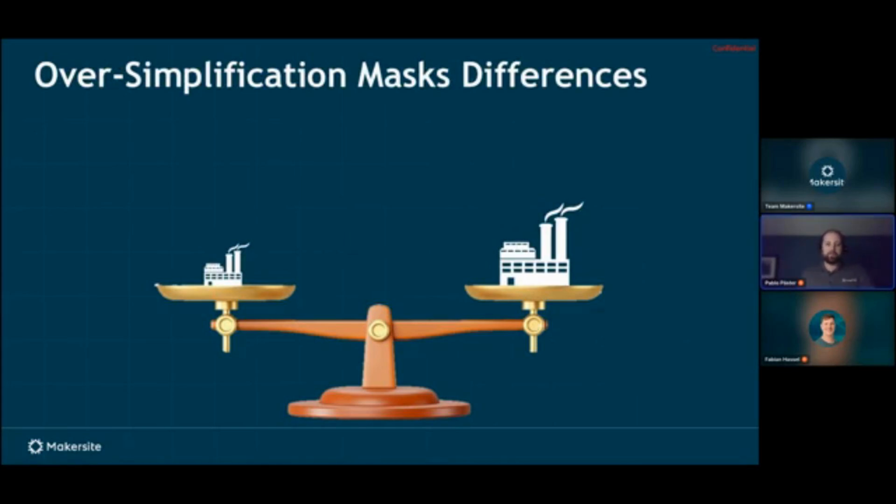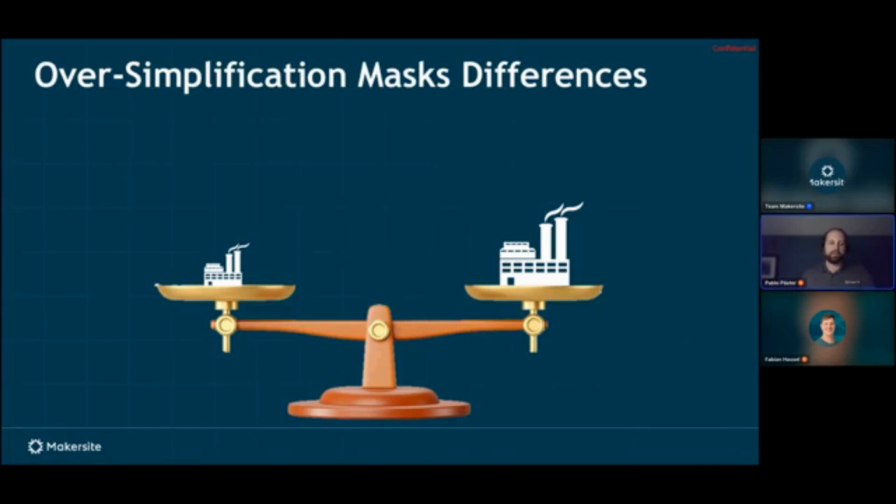For example, a spend-based approach assumes that the supplier of a similar product will have the same embodied emissions in that product. So if you're buying 2 widgets from 2 different suppliers, this approach assumes that they're exactly the same in terms of emissions. And that's not actually true in practice.